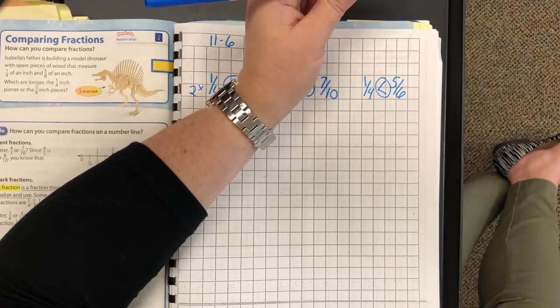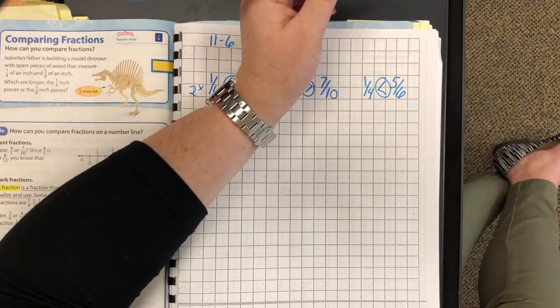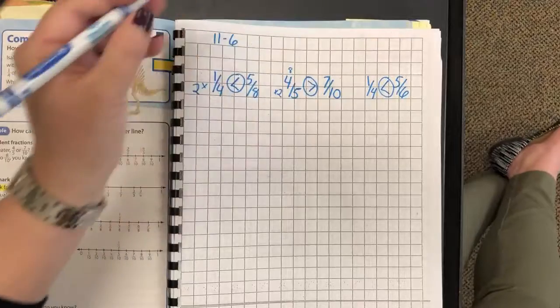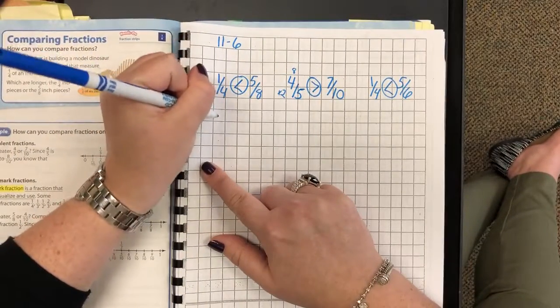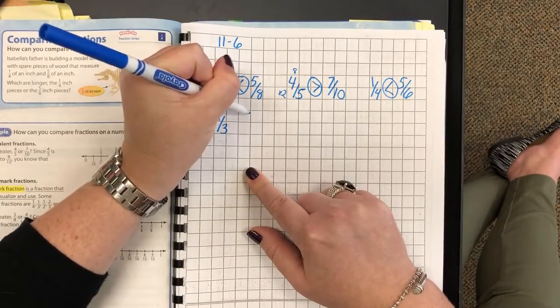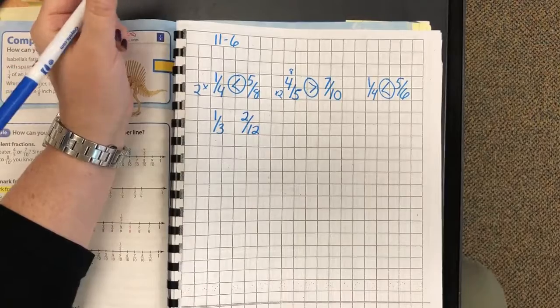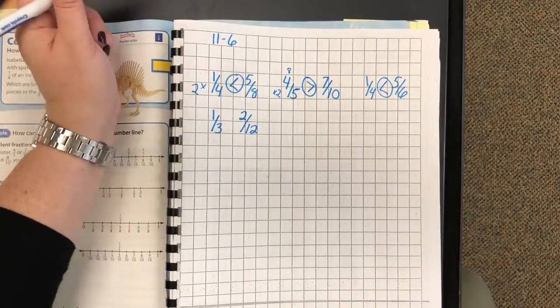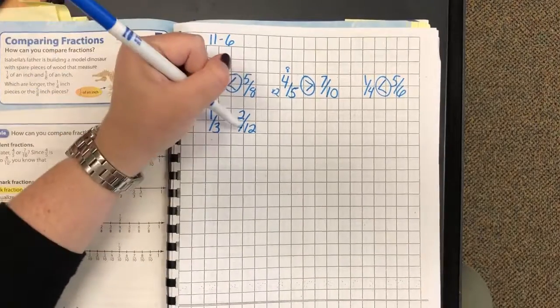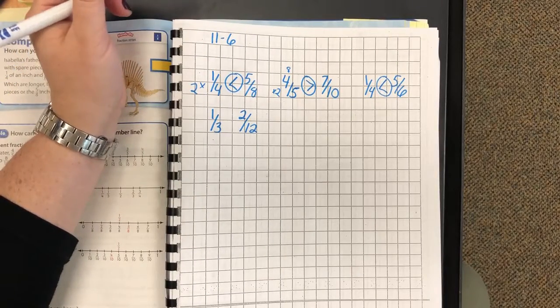Now, if you have something like 1/3, there's not really a half for 1/3, so that's going to be a little trickier. But if I were to have something like 1/3 versus 2/12, 2/12 is way less than a half, but the denominator, it kind of becomes opposite day with fractions.